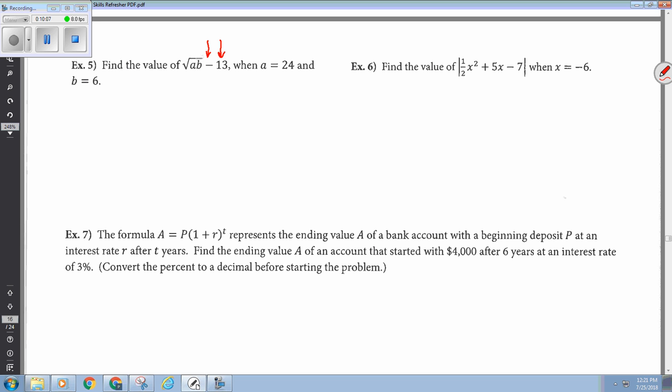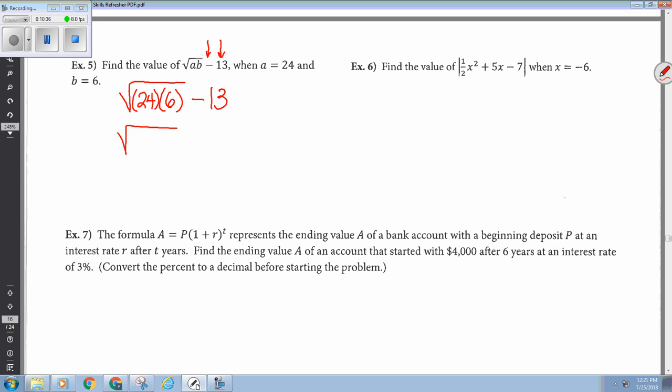First thing you need to do is plug in the numbers that you have. So that's the square root of 24 times 6, and then a minus 13 is on the outside. Then we follow PEMDAS. So we start with parentheses. Remember, parentheses also includes anything under the square root. So you have two numbers under the square root.